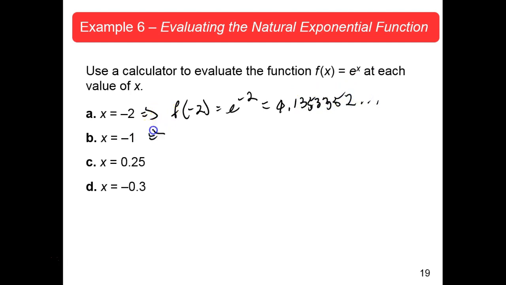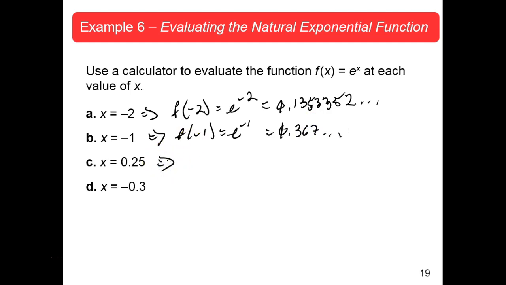All right, let's do f of -1, which would be e to the -1. Now this will be something between 1/2 and 1/3, so about 0.4 something? 0.367, okay. Is that right? Okay, yeah, blah, blah, blah, okay. Perfectly fine. It's closer to 1/3 than it is 1/2, so that makes sense.